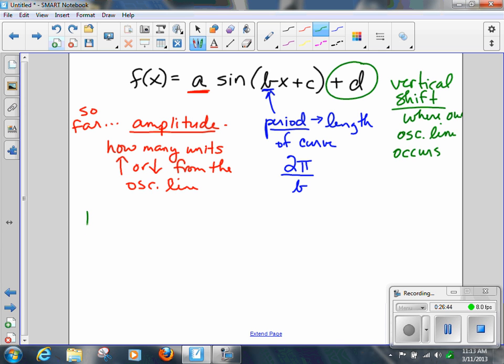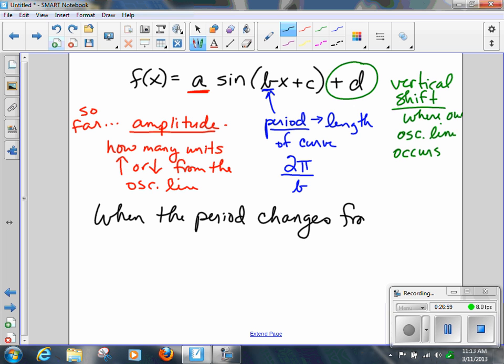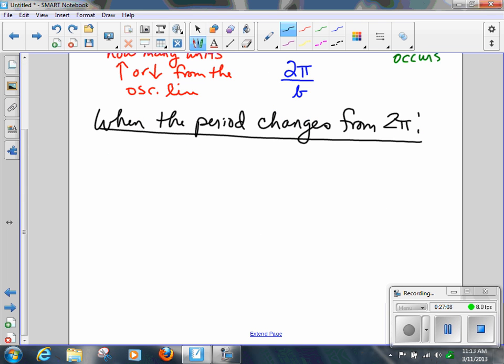What if, when the period changes from 2 pi, you were to have this equation, folks: y equals sine of 2x.